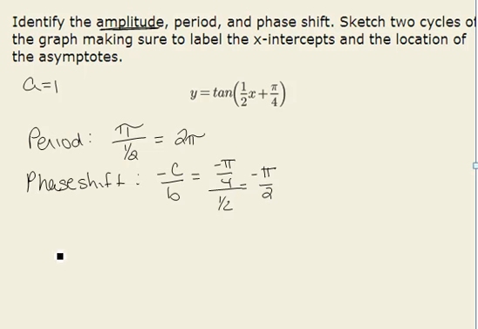We know that the original tangent function ranges from negative pi over 2 to a positive pi over 2 in one full cycle.